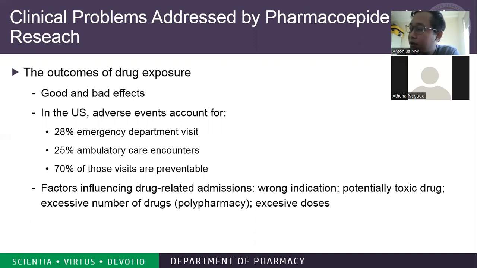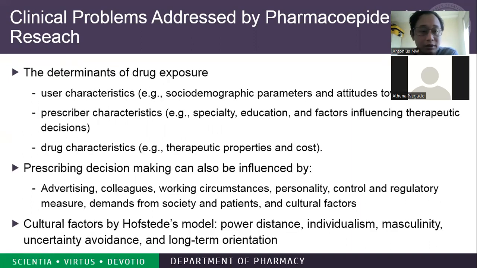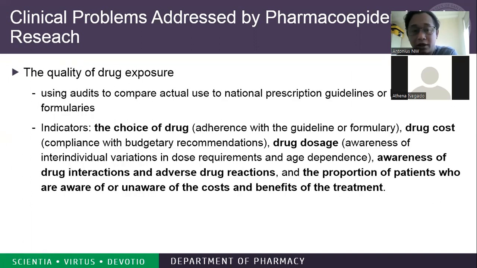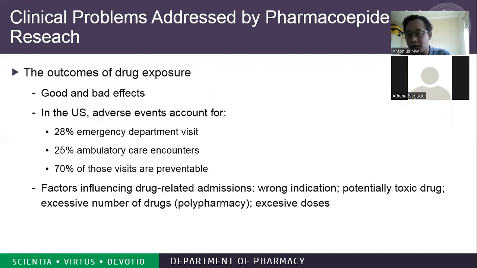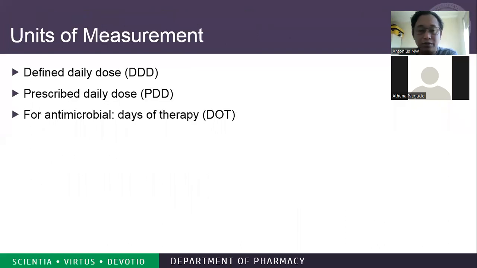The second one is the determinants, then the quality, and the last one is the outcomes. So many topics are generated from these big themes. So how to do it?